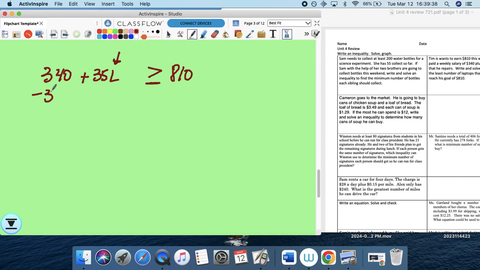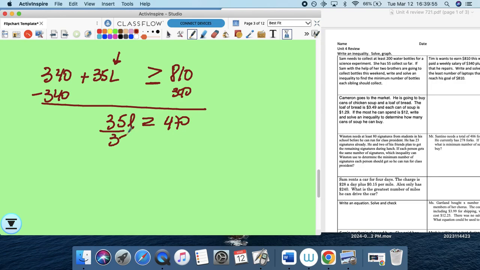Well, 340 here, 340 here. We get 35L greater or equal to 800 minus 340, which is 460. Divide both sides by 35. The number of laptops that he has to fix in order to reach his goal is 13.42.